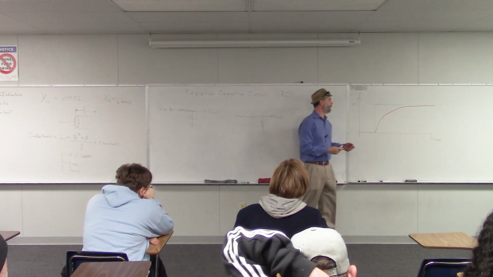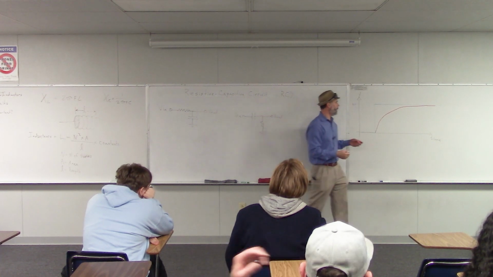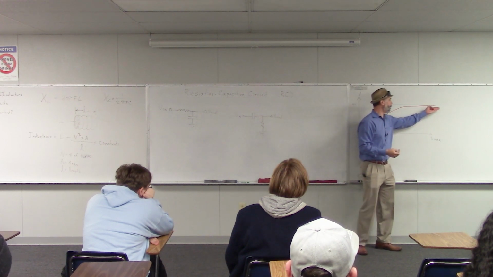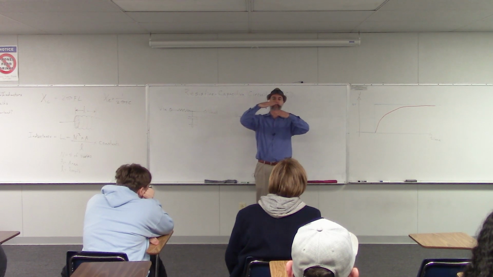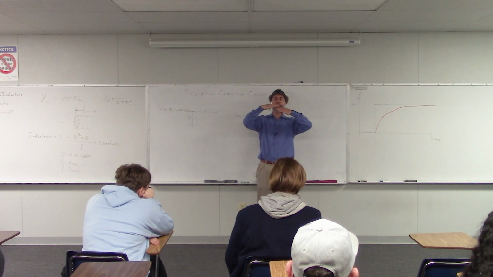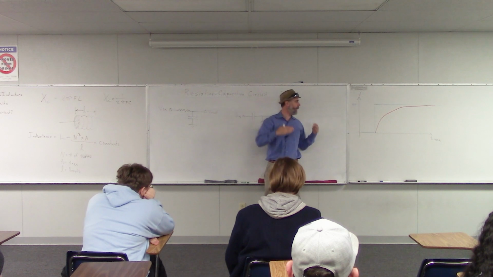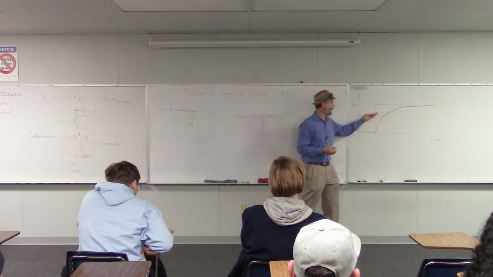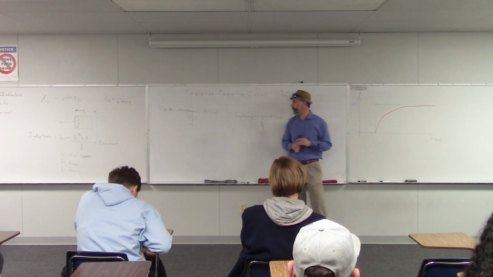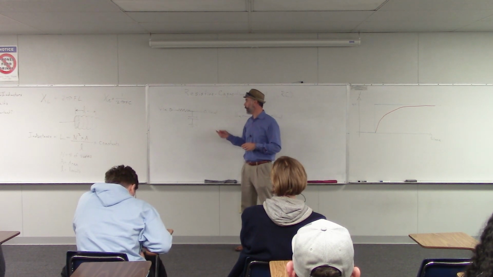So theoretically, the capacitor voltage will never actually reach that input voltage, because the closer it gets, the slower it goes. It just keeps slowing down and never quite gets there. So that's what happens to the capacitor voltage when you're charging it up.